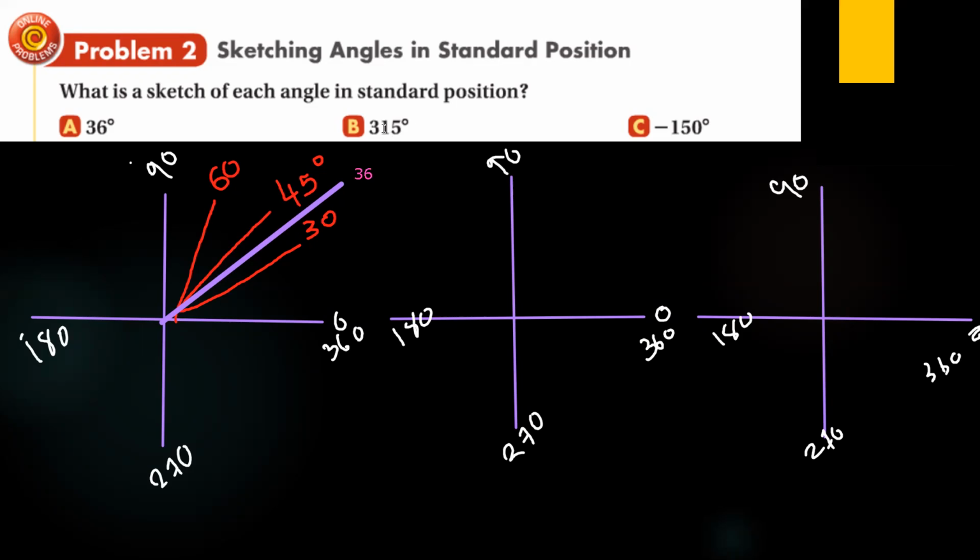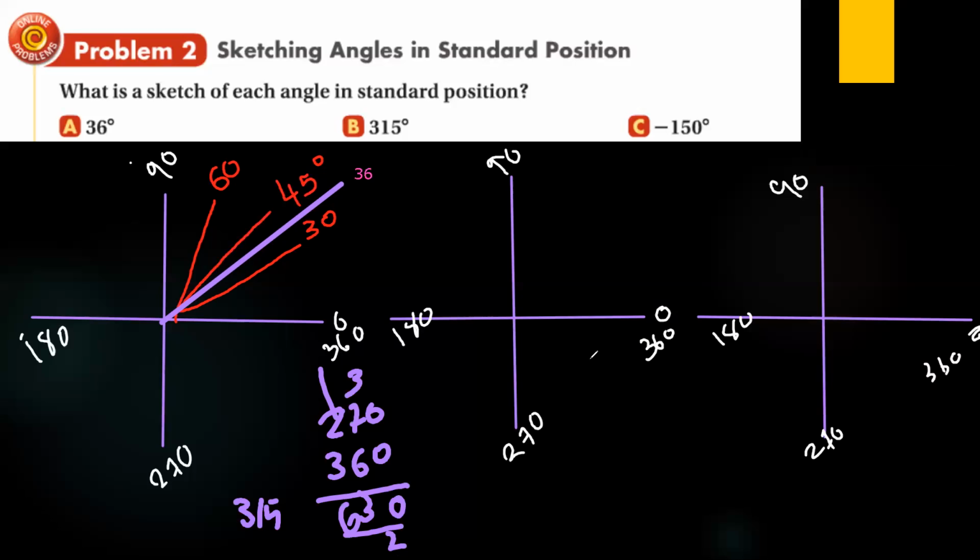Now look at the second one here, 315. So it will be in quadrant 4, between 270 and 360. Let's add them in the middle: I add them, I divide them by 2, we have 315.